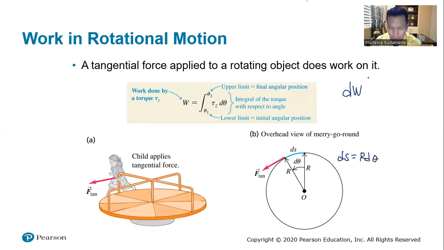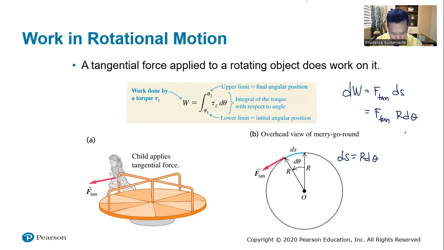So our work is equal to F tangential times the displacement, from the definition of work. So dW is equal to F tangential times r d theta.